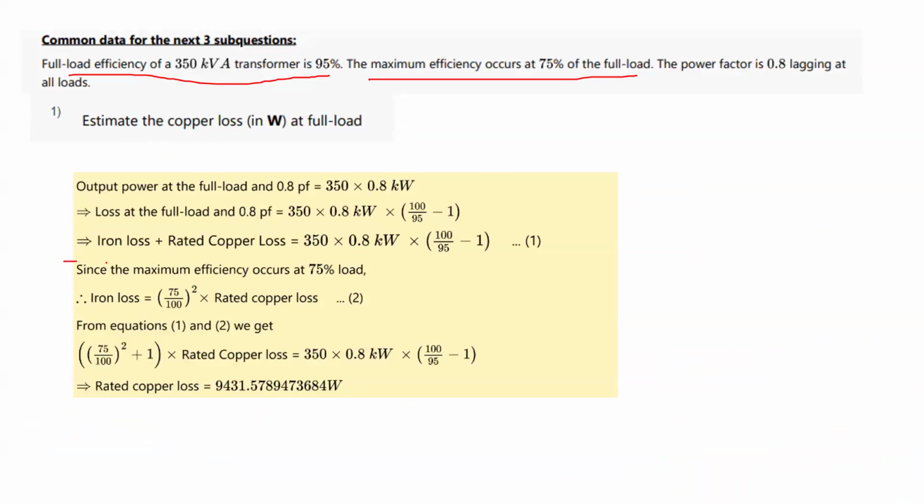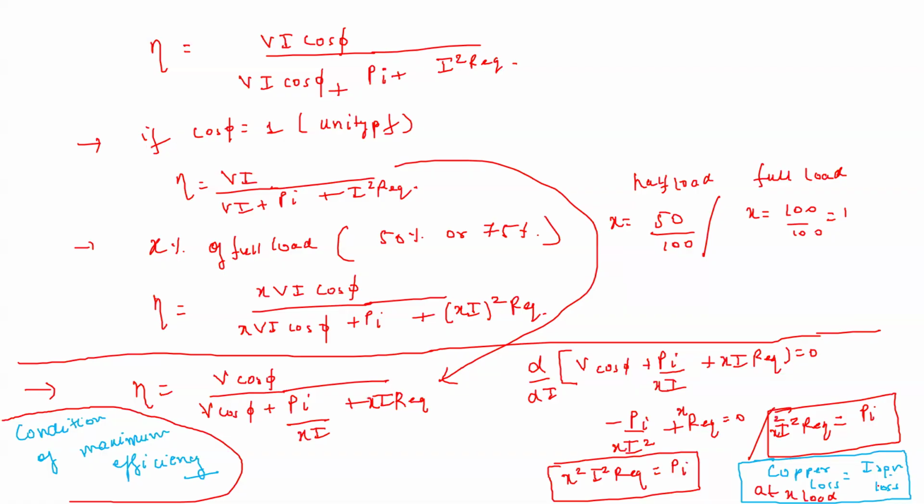You see, we have discussed that the iron loss is constant, whether it be full load, half load, unity power factor or 0.8 power factor. This is because we generally operate the transformer at rated voltage and rated frequency.